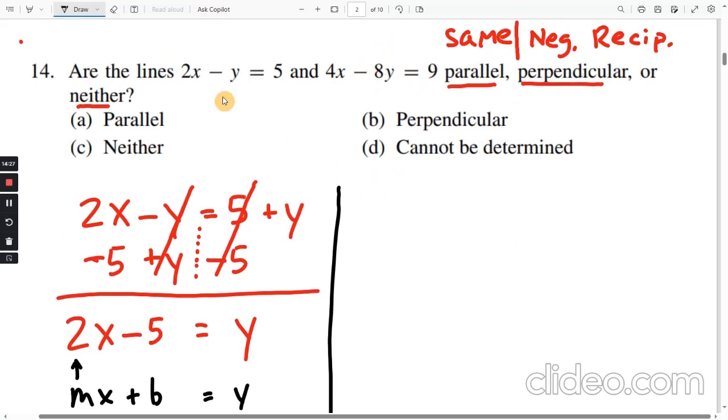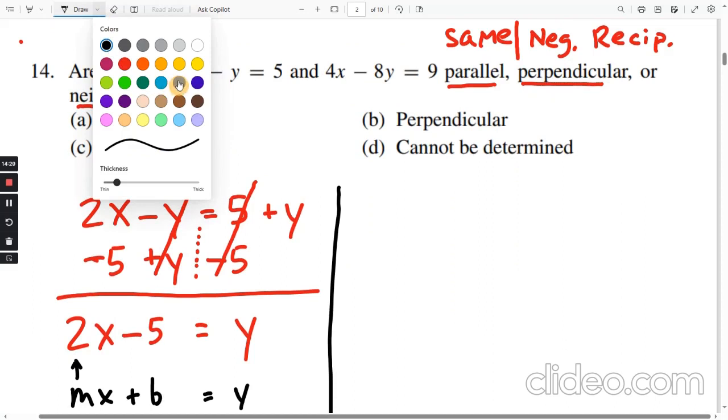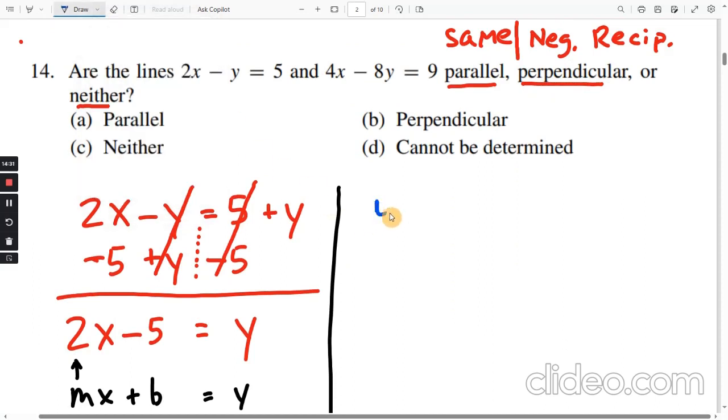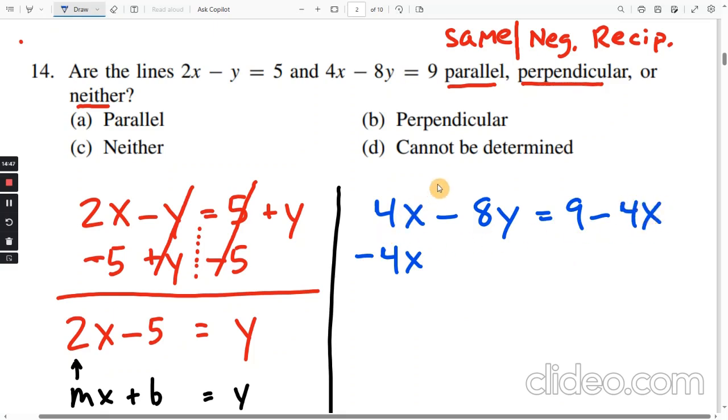4x minus 8y equals 9. Alright, we need to solve for y. The opposite of positive 4x is negative 4x. Cancels here. Alright, this is y times negative 8.